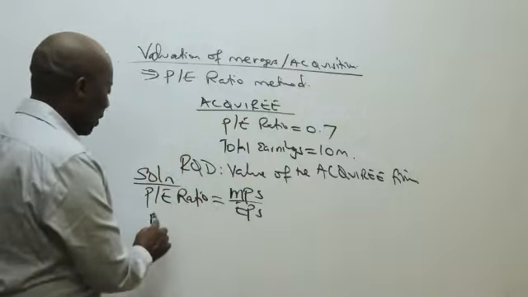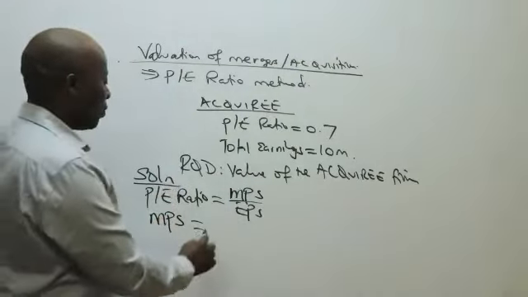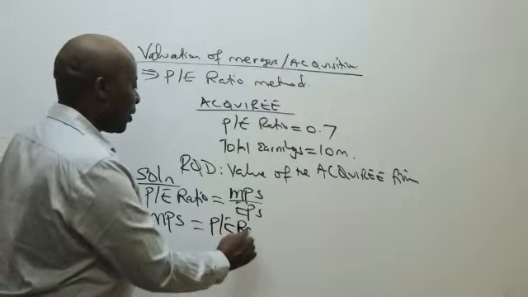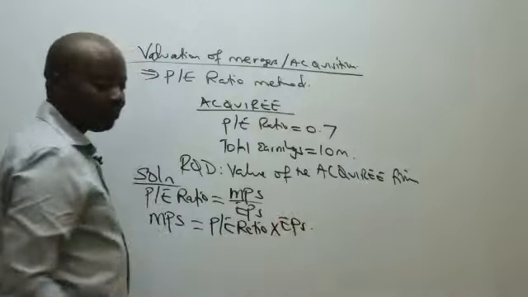So could you kindly try to make MPS the subject of the formula? Then MPS will be equal to PE ratio times EPS.